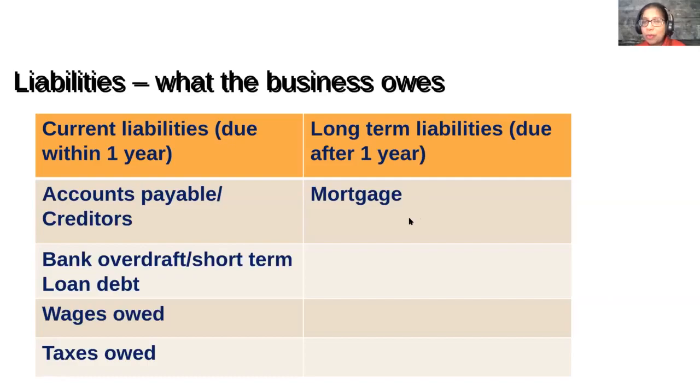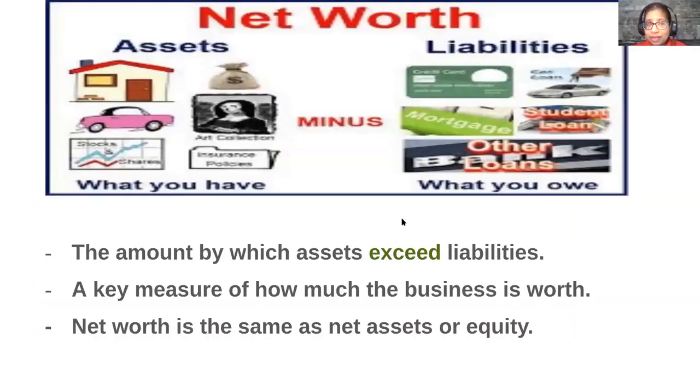Okay, so now we understand what assets are, what liabilities are. Okay, and assets can be broken down into fixed and current assets, and liabilities can be broken down into current and long-term liabilities. Now, the difference between assets and liabilities would give you what we call the net worth or the equity of the business, right?